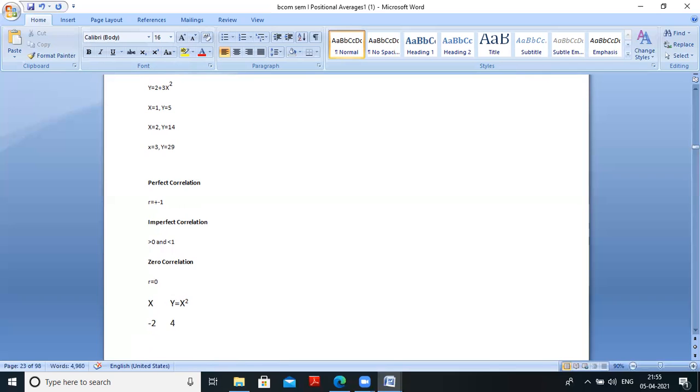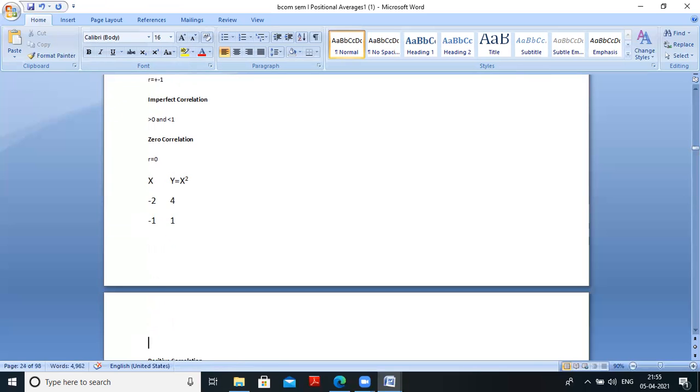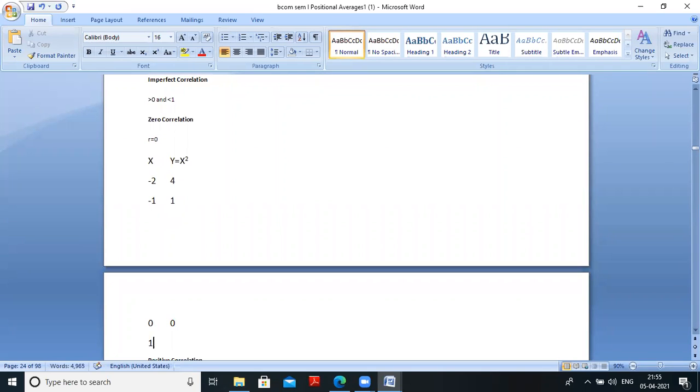Suppose X is -1, Y will be equal to 1. Suppose X is equal to 0, Y will be equal to 0. Suppose X is 1, Y will be equal to 1. X is equal to 2, Y will be equal to 4, right?